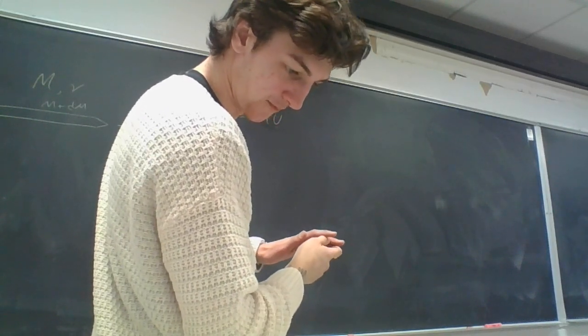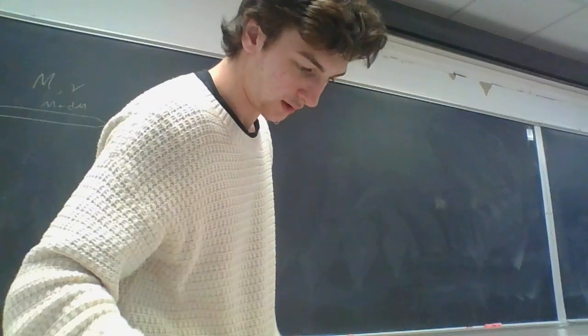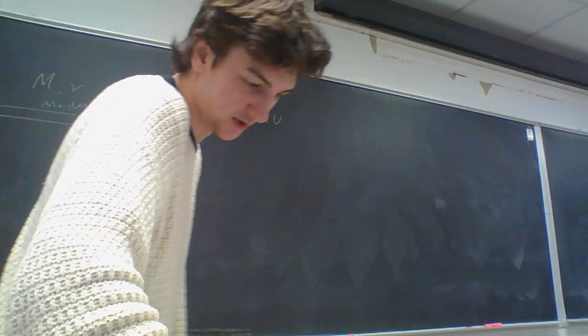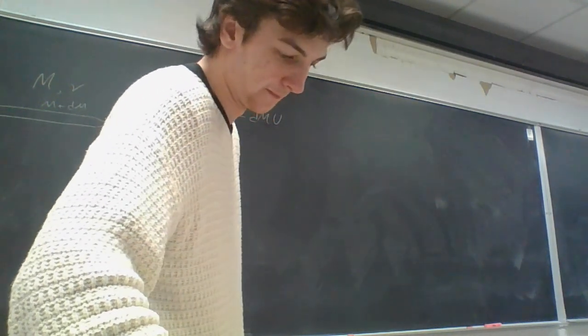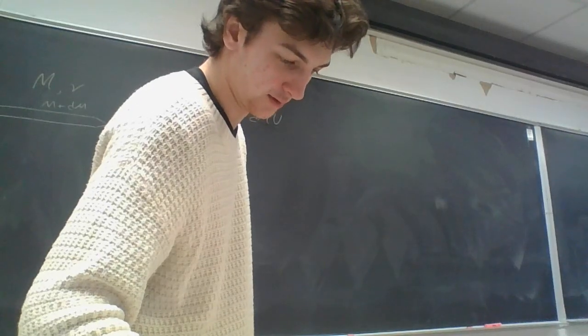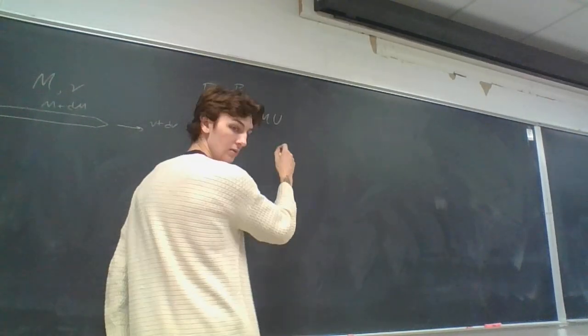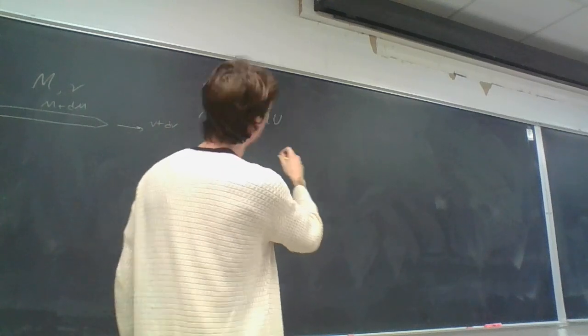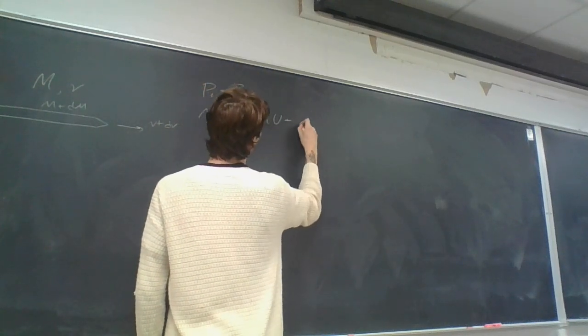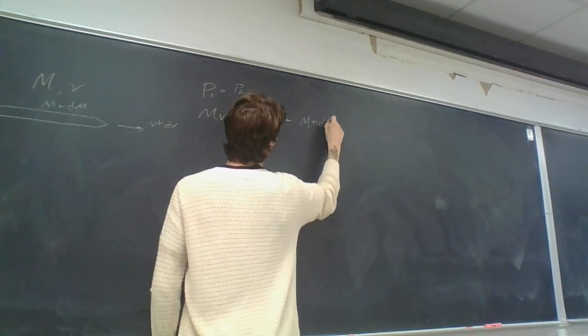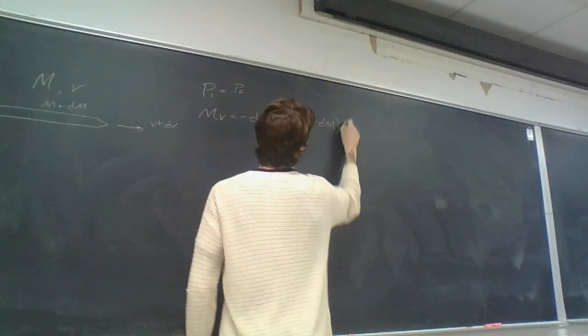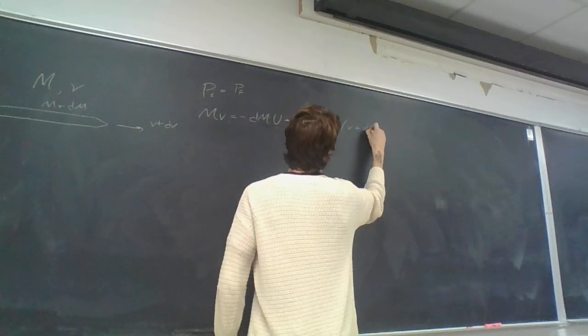Yeah. So the minus dm u is the linear momentum of the exhaust products released during the interval, and then we're going to have M plus dm times v plus dv.